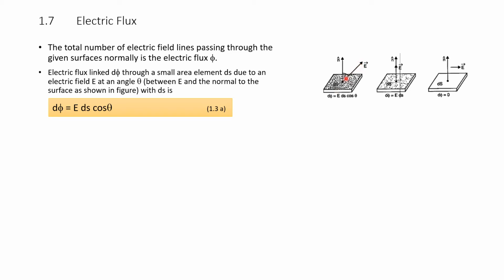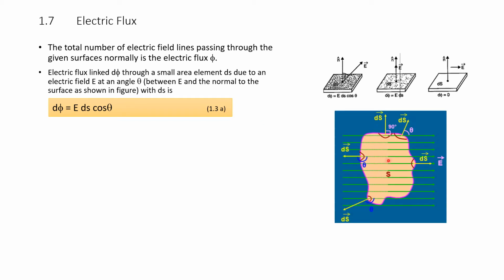The field lines are at an angle theta, the angle between E and the normal. N is the normal to the surface element ds, and ds is the surface area. So d phi is equal to E ds cos theta. Let this be equation 1.3a.